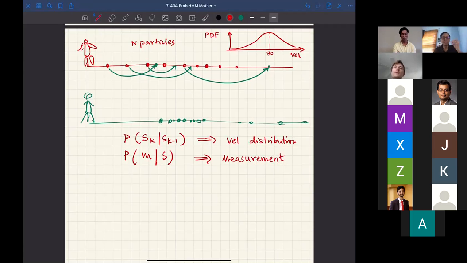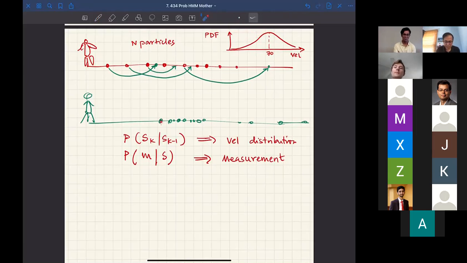Now I have different particles with different weights. Does that make sense? Why different particles are getting different weights? Because the particle which moved forward with a velocity close to the mean has a higher weight because the probability is higher.